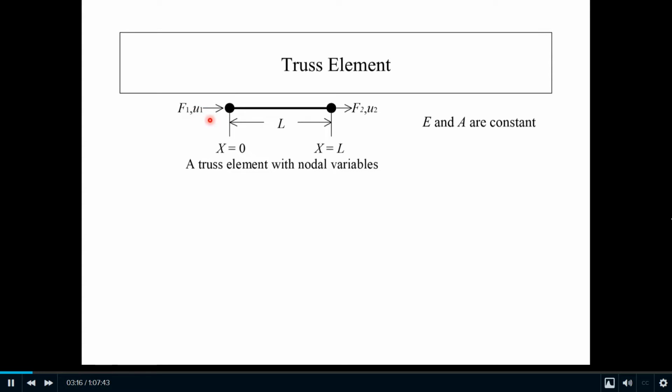What you need to do is relate the nodal force vector and the nodal degrees of freedom for this element. One thing I'd like you to see is that there is no load applied over this element. To derive the equation that relates F and U, we use basic mechanics that most of you learned in a previous course, advanced mechanics of materials.